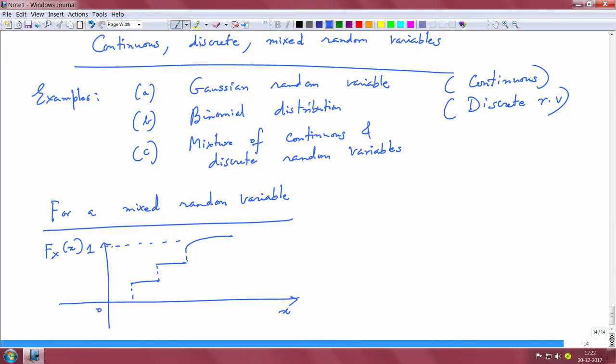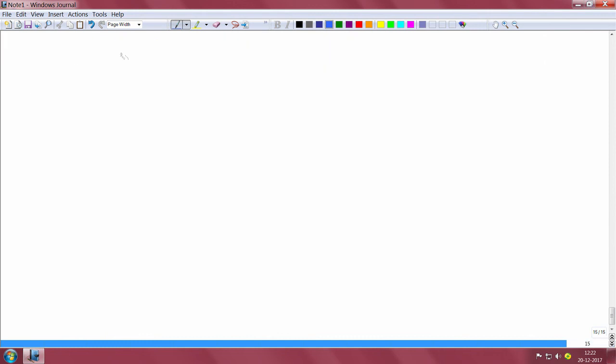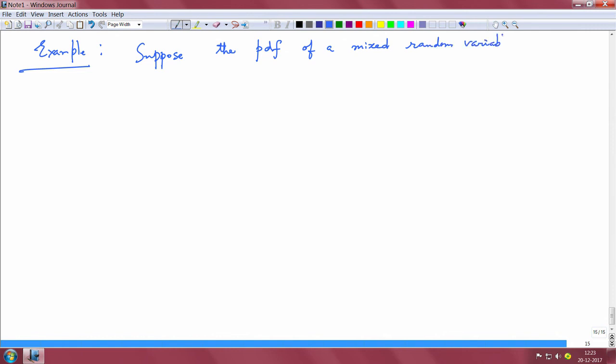Okay. Now, we will try to work out a simple example considering a mixed random variable. Suppose the PDF of a mixed random variable is given as follows.